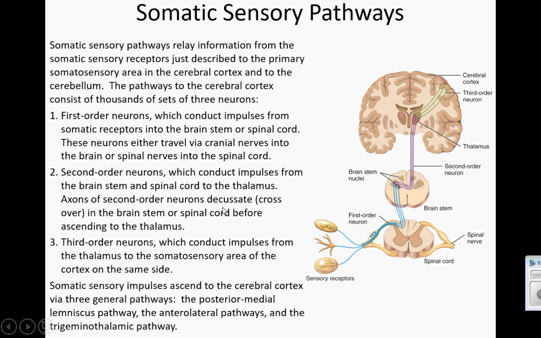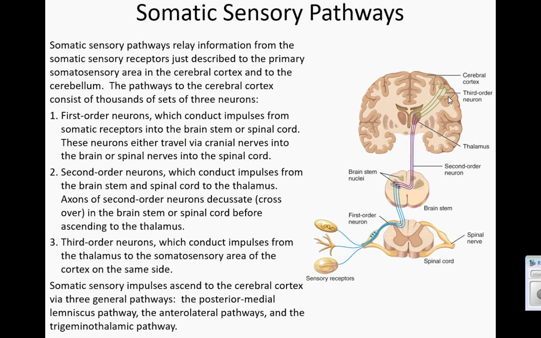Do you guys remember where decussation took place? This was crossing over, and it took place in the medulla oblongata. We switch sides and then travel to the thalamus, which we know is our gateway to the cortex. And then from there, the third order neurons carry it to the cortex.